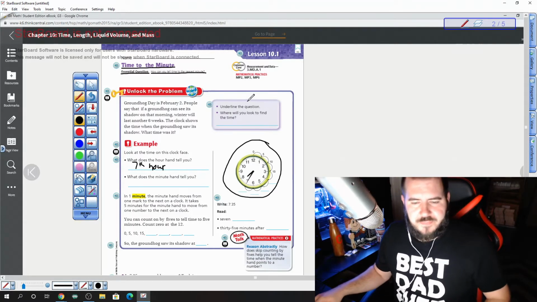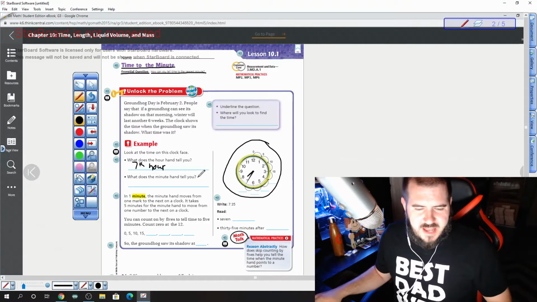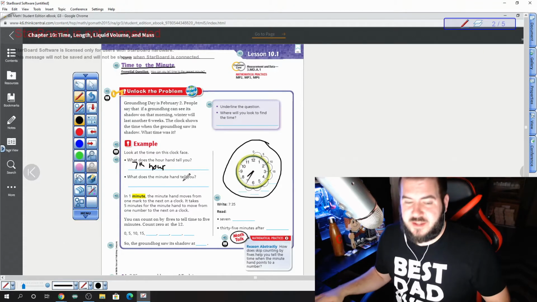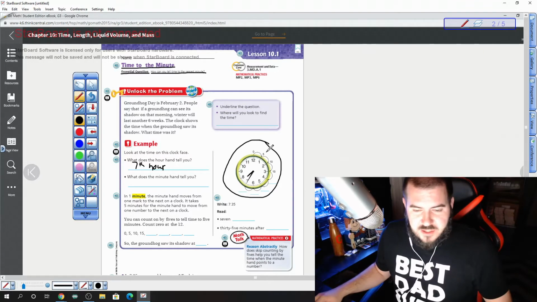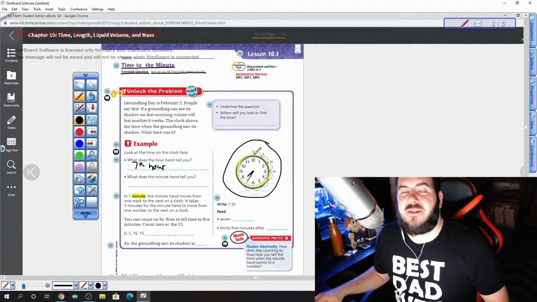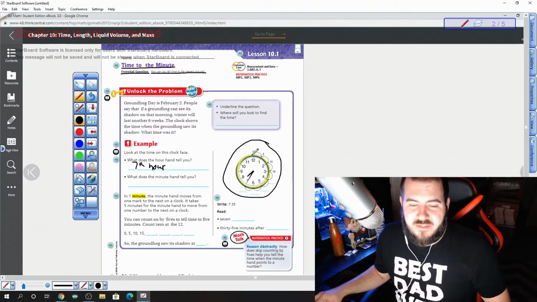And what does the minute hand tell us? The minute hand tells us how many minutes have gone by during that hour. So, remember, when we're counting minutes, we can count by 5 for each number that is on the clock. So if I'm starting at 12, which is where we always want to start, 12 is considered 0 minutes of that hour.